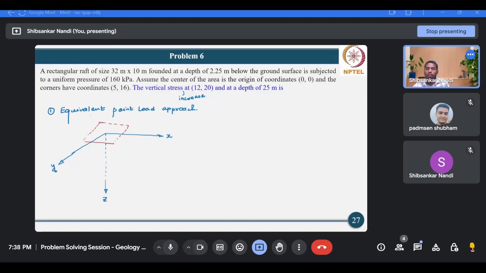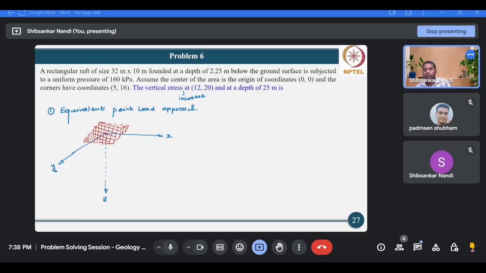This should be in scale. So this is the rectangularly loaded area. Now for the first approach, what we'll do, we'll basically convert this rectangular load to a point load.